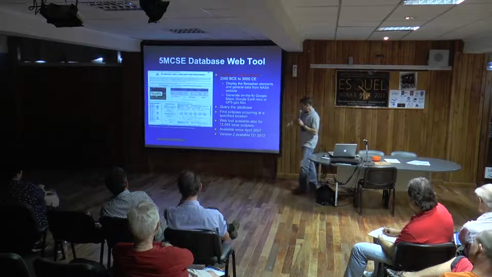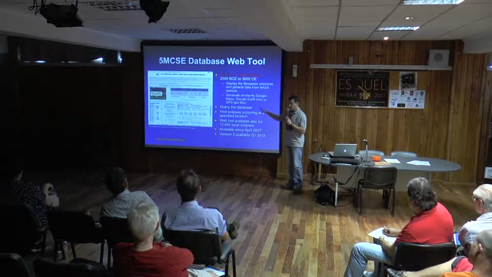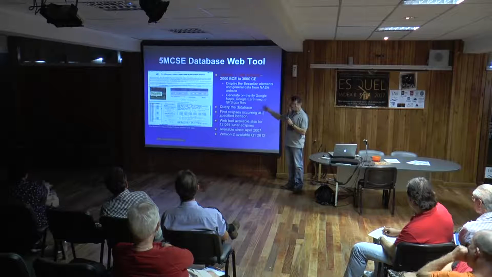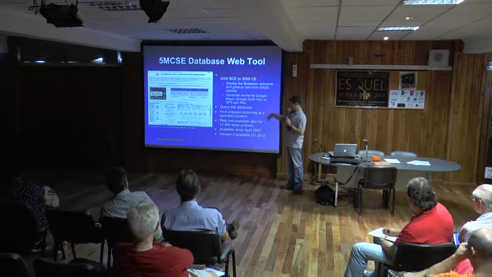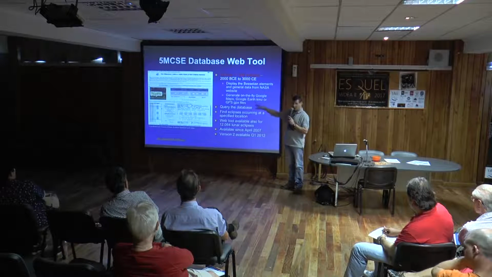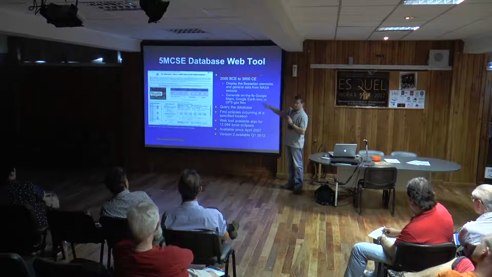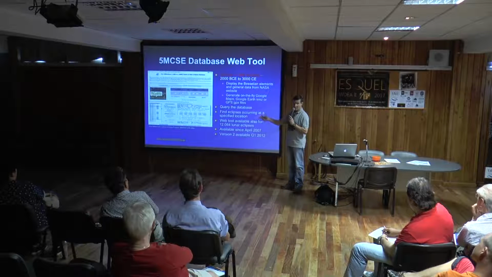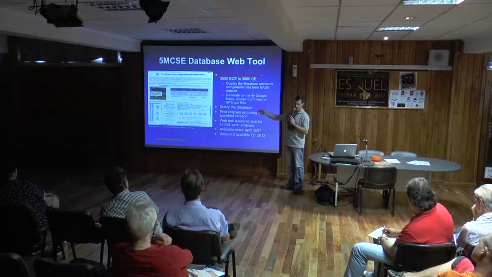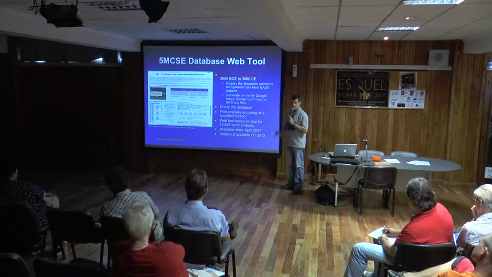Okay, those two slides, I just show them because it's the tool that you use to generate any eclipse map you want. So you can just type, it's over, from minus 2000 to plus 3000. I have a tool that also does an even larger time span.